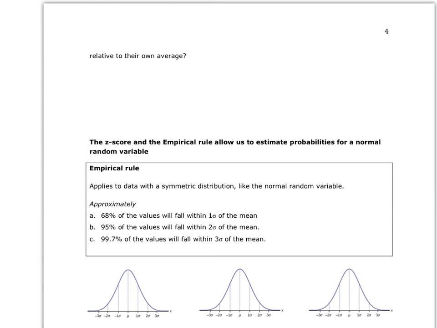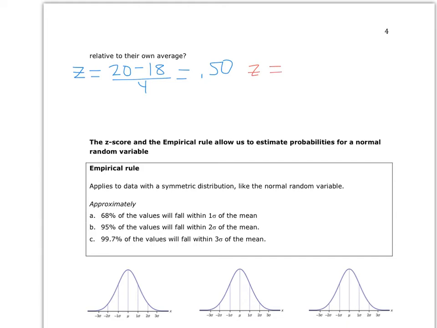So this is asking us to find the z-score. Let's start with Emily in blue here. She scored 20 points. Plugging that in, subtract 18, divide by 4, we get a z-score of 0.5. And now let's look at Brenda.